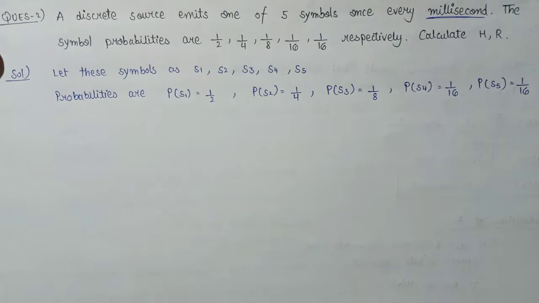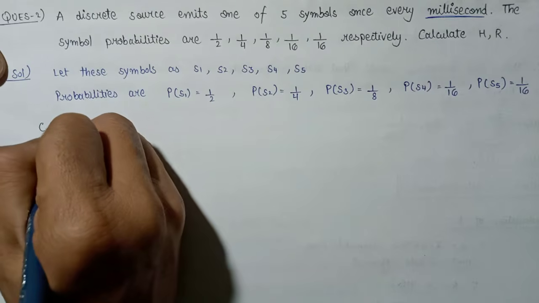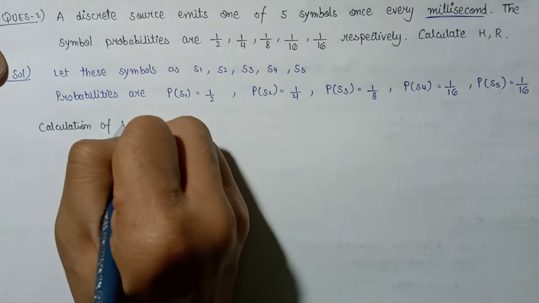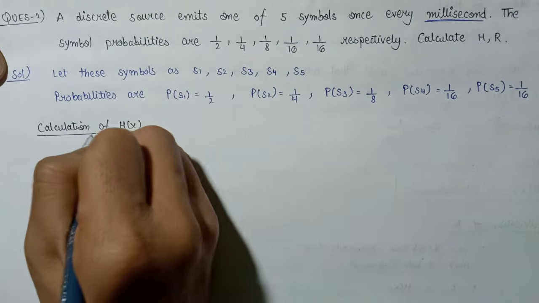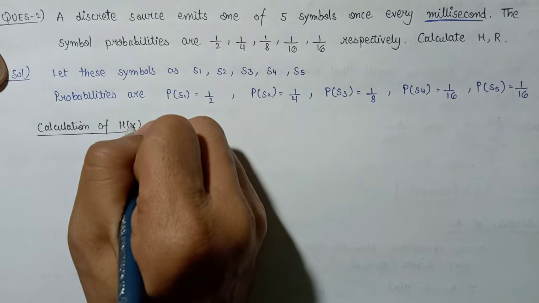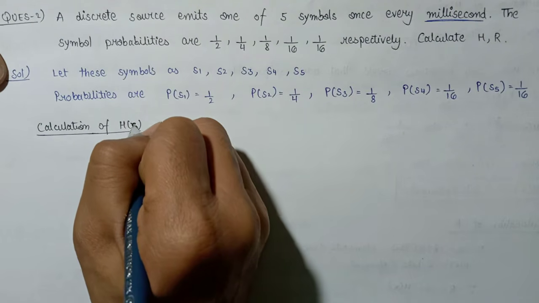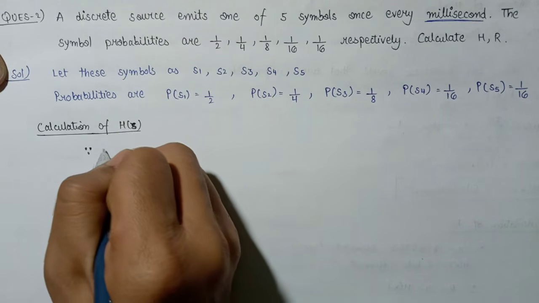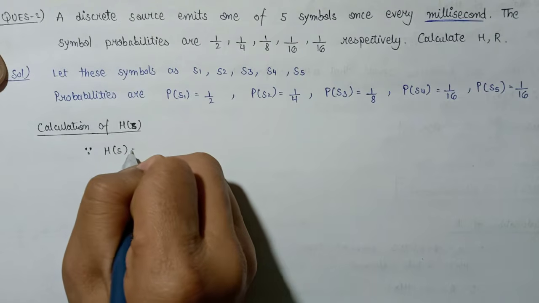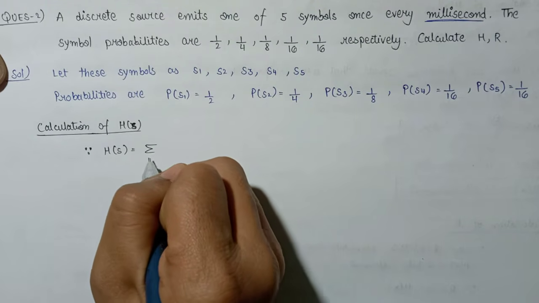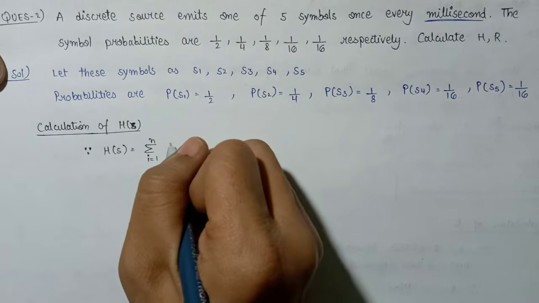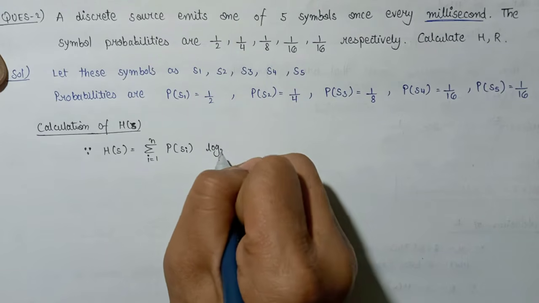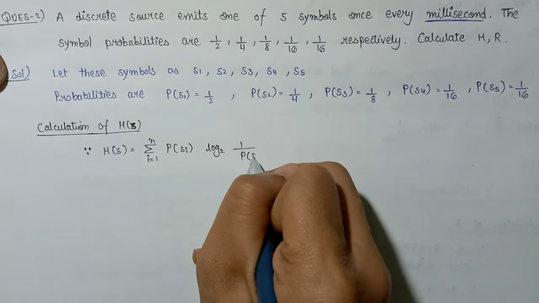So these are the 5 symbols along with their probabilities. Now let's calculate the value of entropy, H of X. Since we know that the formula for the entropy is the summation from i equals 1 to n of P of Si log base 2 of 1 over P of Si.